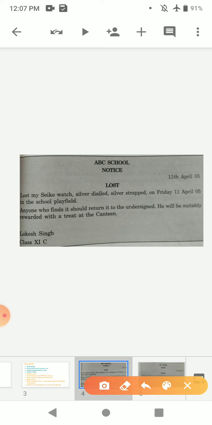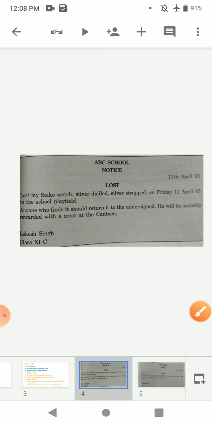So this means whom to contact or to get in touch. So this is the final detail here. Undersigned means this person has lost watch. He will be suitably rewarded with a treat at the canteen. And the name of the person is Lokesh Singh. His designation or position is class 11th C.